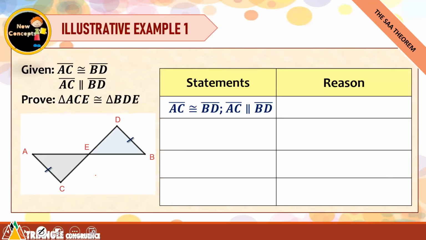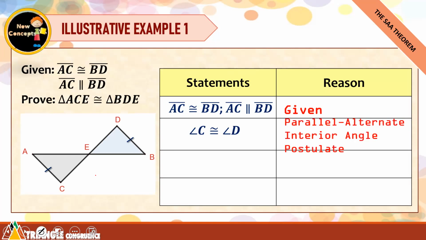So, for example, given AC is congruent to BD and AC is parallel to BD, prove that triangle ACE is congruent to triangle BDE. So we have the given, just write the given: angle C is congruent to angle D, right? By parallel lines and the alternate interior angle postulate. That's another terminology.